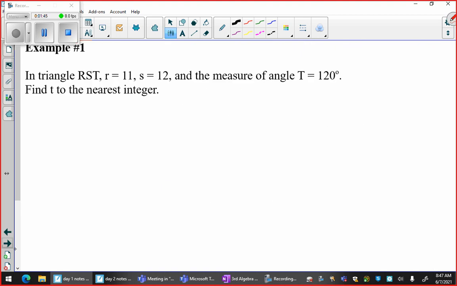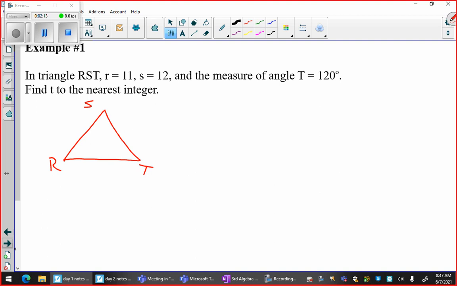All right, so here, triangle RST, it's not A, B, and C. So we draw it. Remember, capital letters are angles, lowercase are the sides opposite them. And whenever I draw, I always draw the same triangle, kind of looks equilateral or something like that.